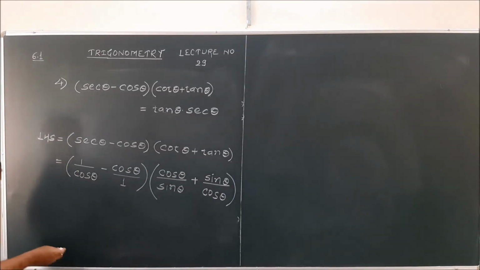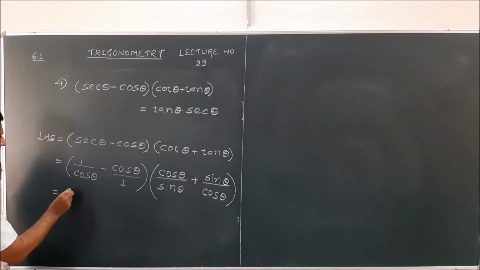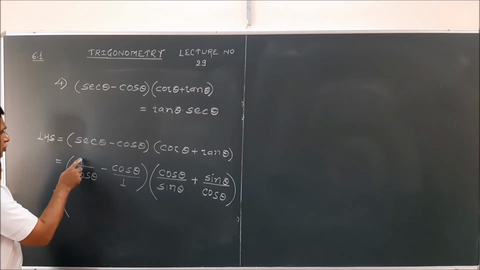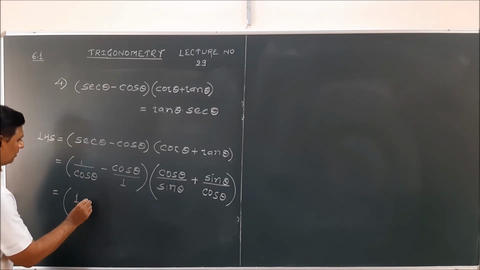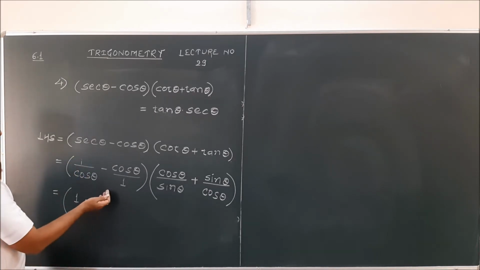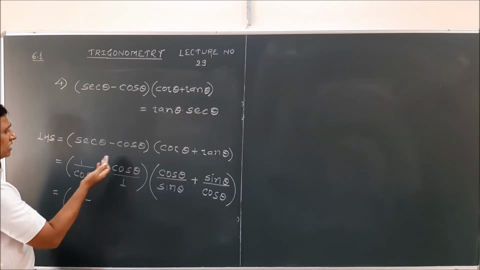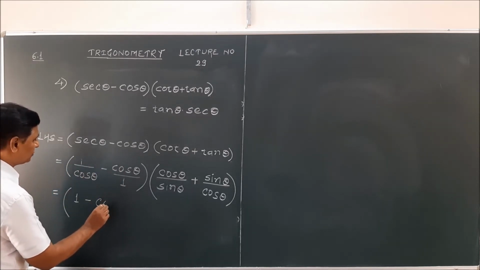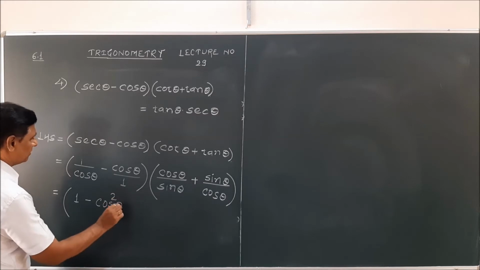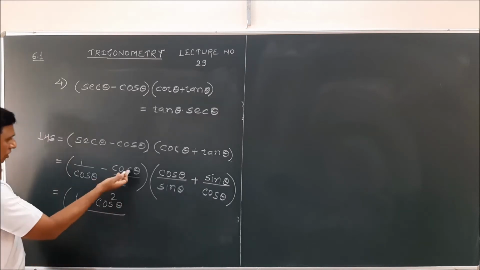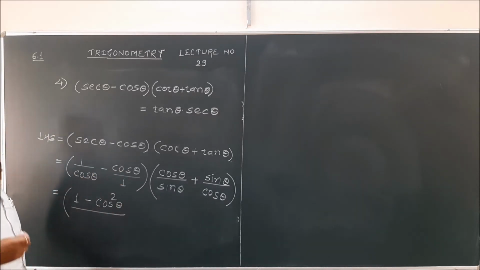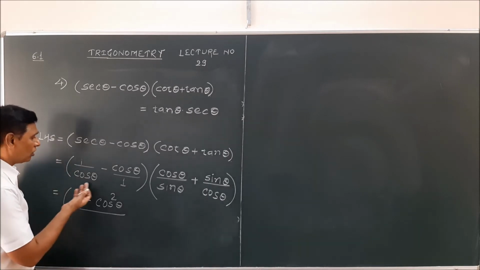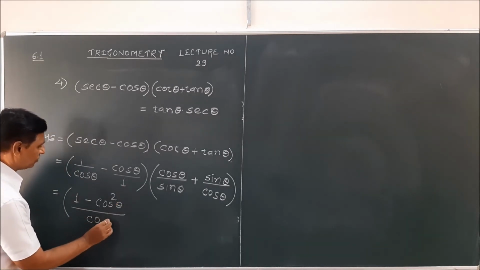Let's simplify. 1 into 1 is 1. Cos theta into cos theta is cos square theta, upon cos theta into 1, which is cos theta.